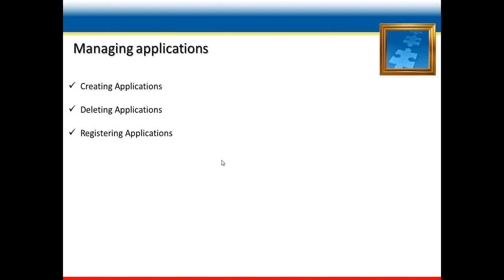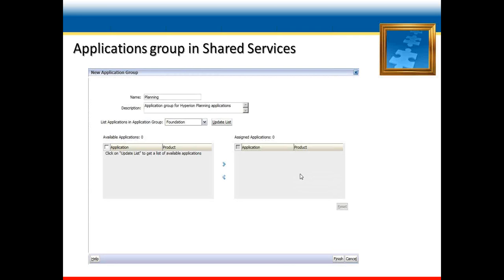The third one is about registering the application, which we have to do in shared services. Shared services is a common security framework designed for EPM applications. Here we need to define a particular application group. For example, for Hyperion Planning, we defined the application group with the name Planning.